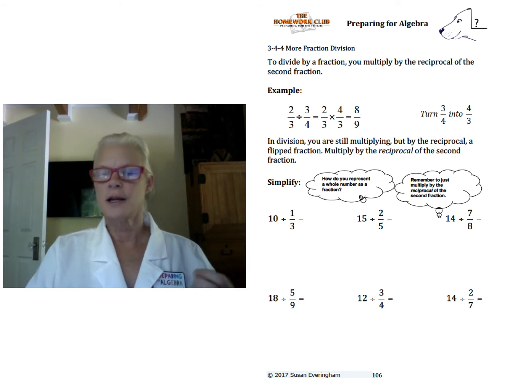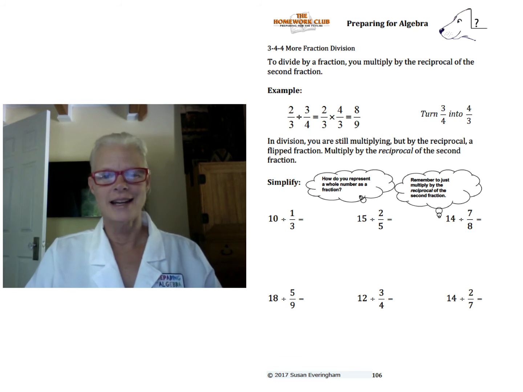So a 7 becomes 1/7, right? 1/3, first problem, 1/3 becomes 3. So if you've got 10 divided by 1/3, you're going to have 10 times 3. And that would be 30. Okay, so go ahead and do the rest of these problems, and I'll see you on the next page.